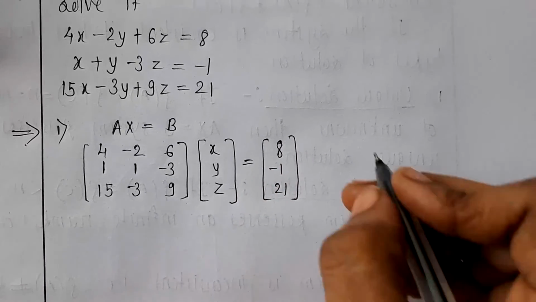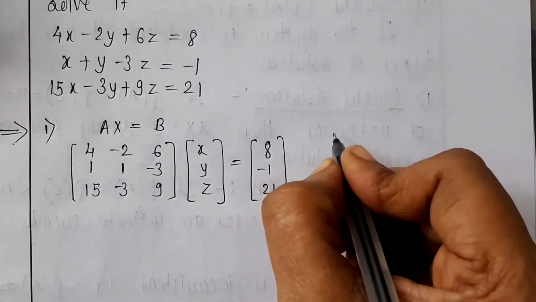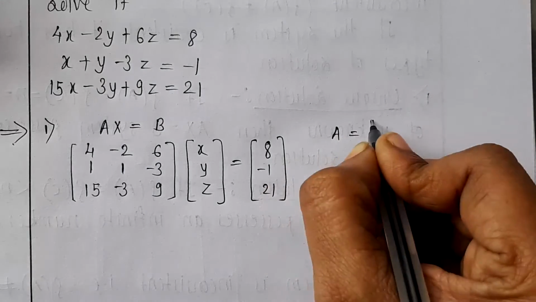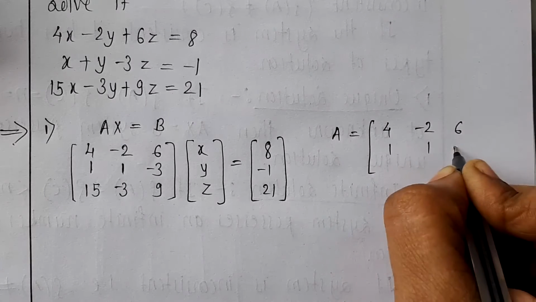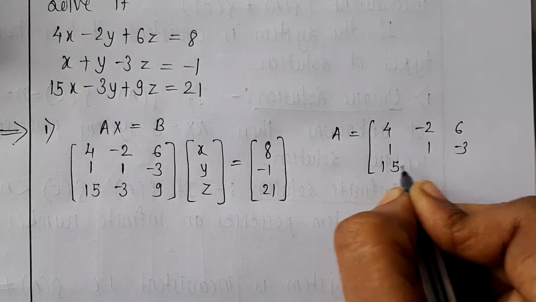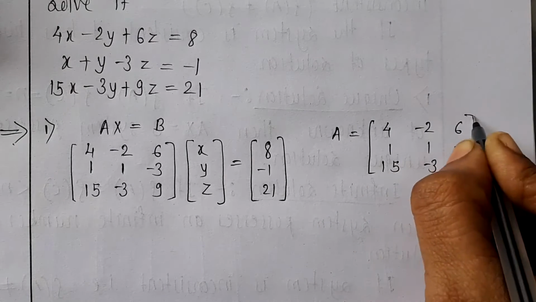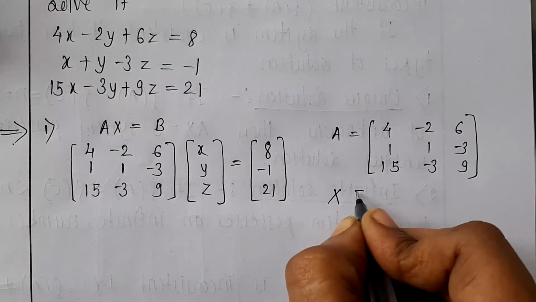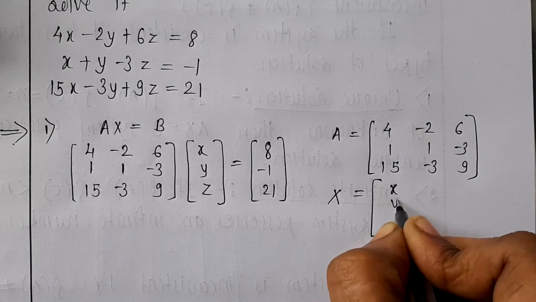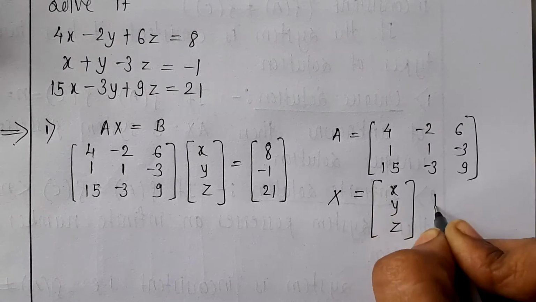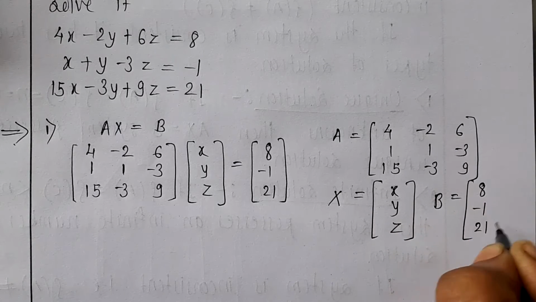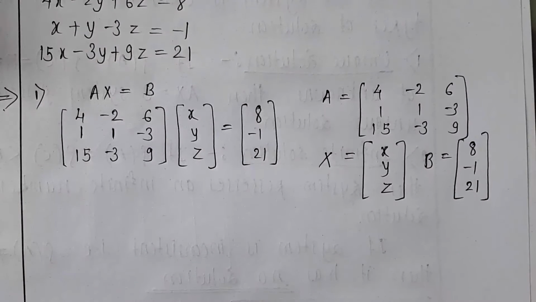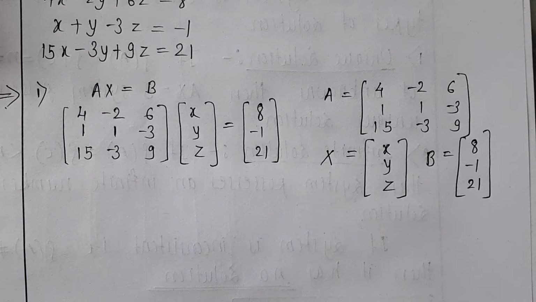Now write down A, B and X matrix separately. A matrix is 4 minus 2 6, 1 1 minus 3 and 15 minus 3 9. Then X matrix is x y z, and B matrix is 8 minus 1 21. So these are the A, X and B matrix.